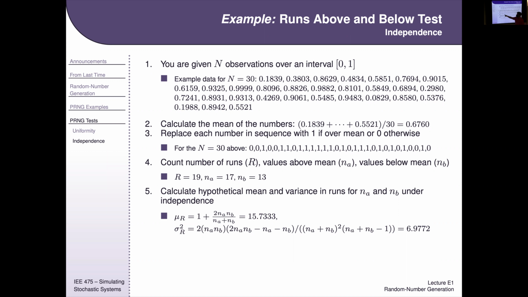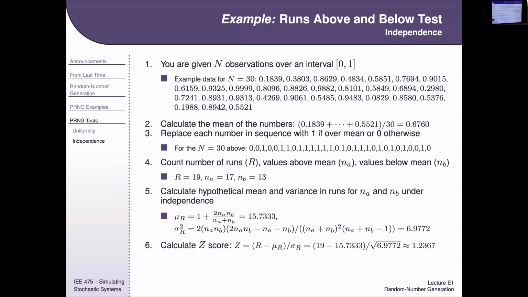Under independence, I would expect a variance of 6.9772. I'm not going to derive this, but you can derive it using the Bernoulli trials that we talked about before. You can derive this normal distribution. So this is the normal distribution that I would expect in numbers of runs if they were independent.